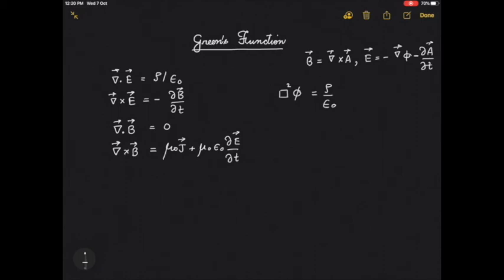Remember, mu naught and epsilon naught are constants, and they are up to your choice of the units of charges, etc. And mu naught times epsilon naught can also be written as 1 by c square, c being the speed of light.